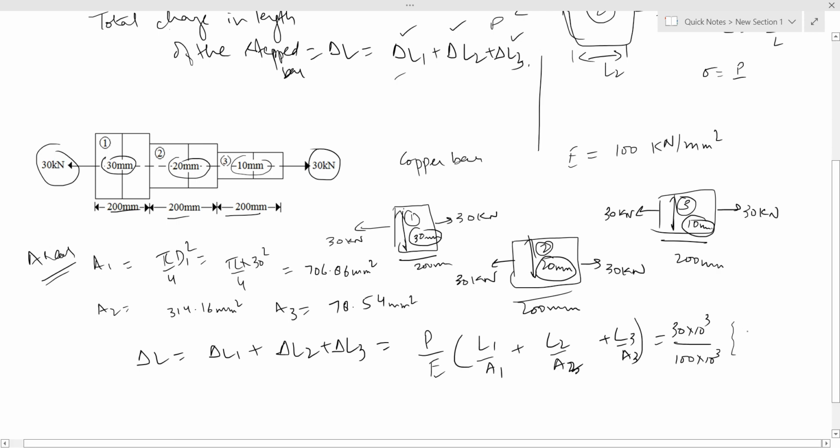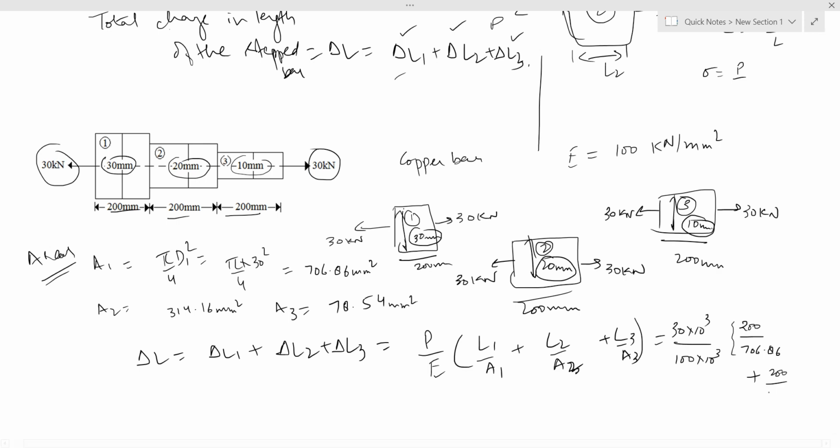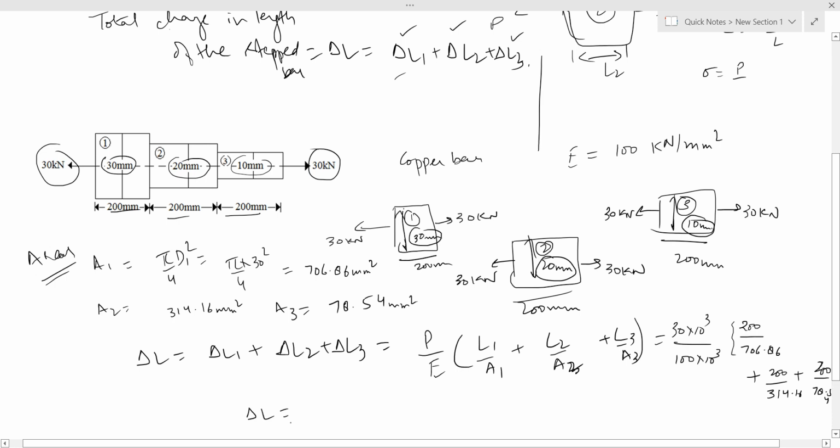L1 is 200 mm upon A1, which is 706.86, plus L2 is also 200 mm upon 314.16, plus L3 is 200 upon A3, 78.54. On solving, the change in length del L value will be 1.038 mm.